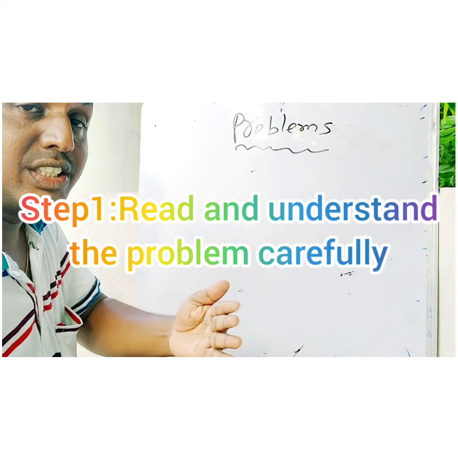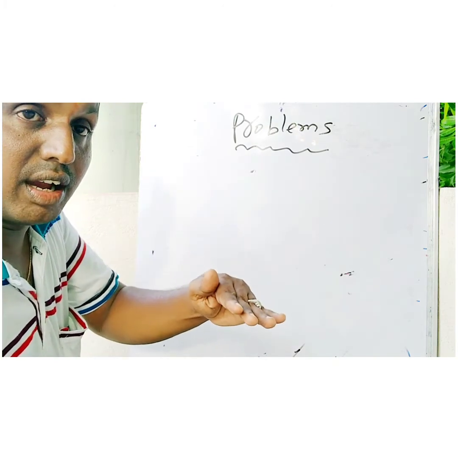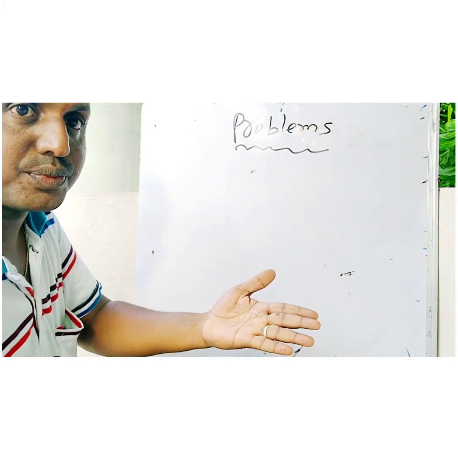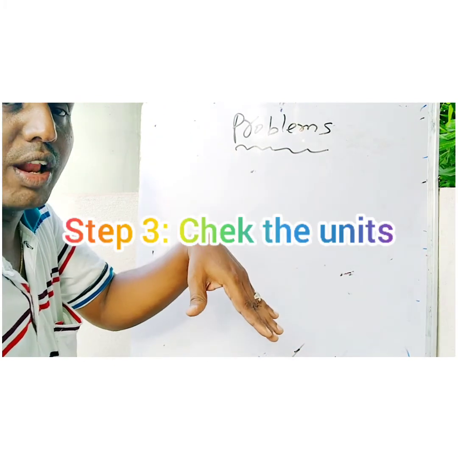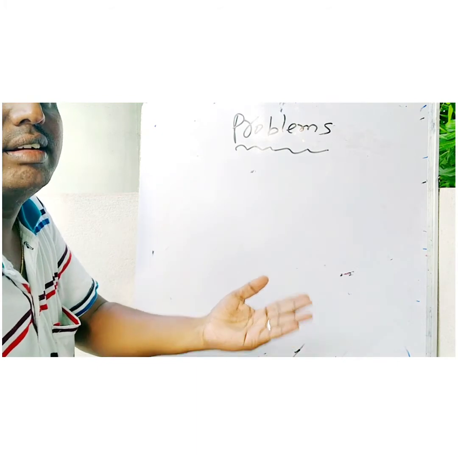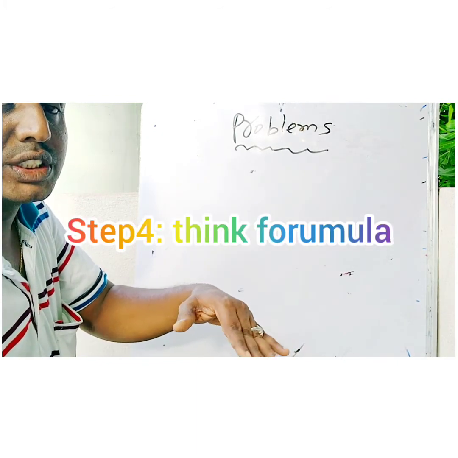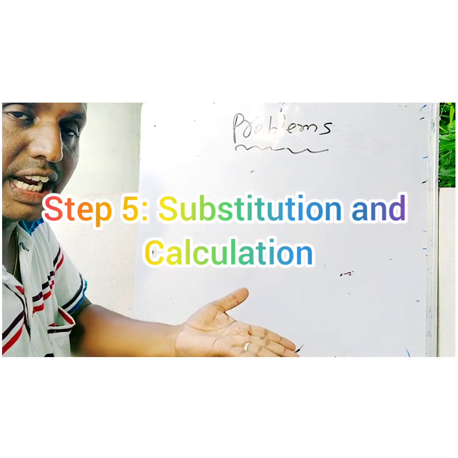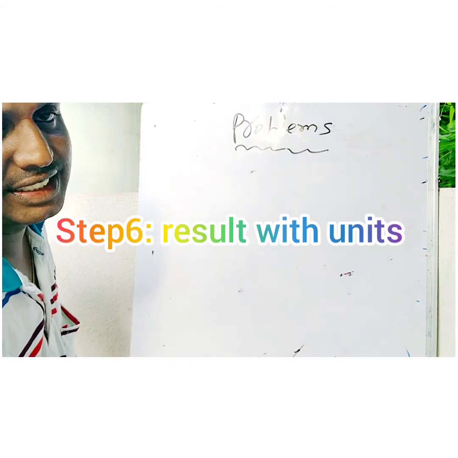Step 3, check the units, whether all are in CGS system or SI system. Step 4, think of the formula. Step 5, substitution and calculation. Step 6, result with units. These are the 6 steps.